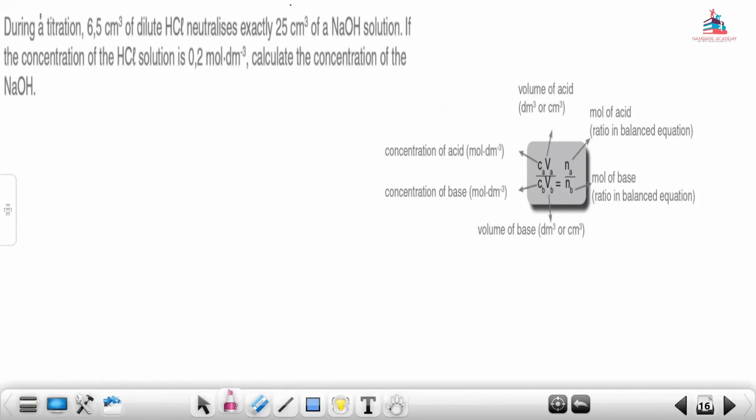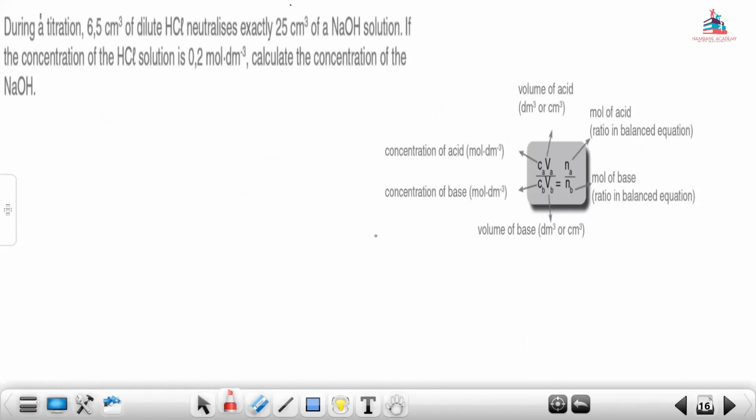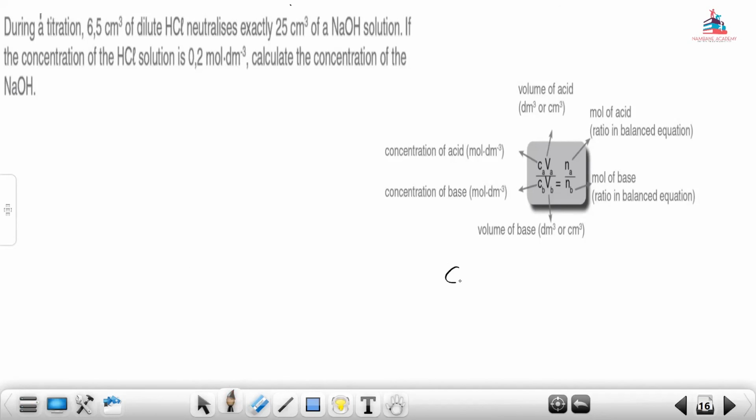I'm going to try and rewrite it for the purpose of explanation. It says CaVa over CbVb is equal to Na over Nb.